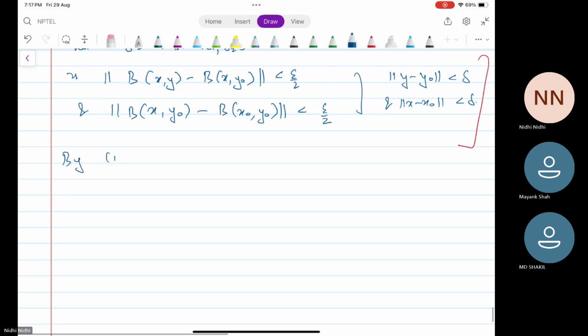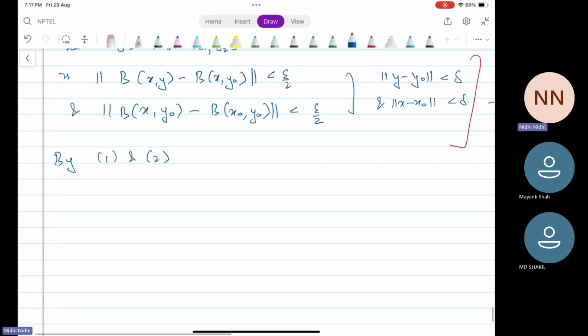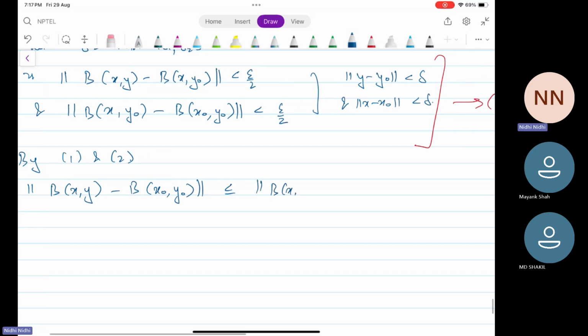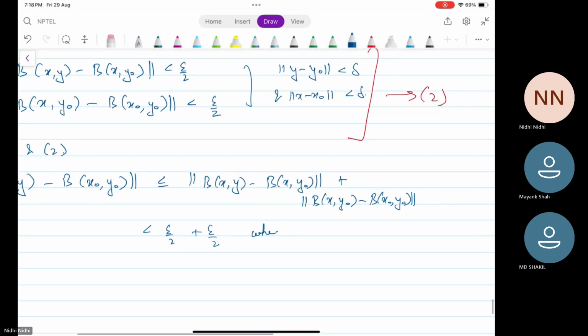So by first and second, we have the norm of B(x,y) minus B(x naught, y naught) is less than or equal to B(x,y) minus B(x,y naught) plus B(x,y naught) minus B(x naught, y naught), which is less than epsilon by 2 plus epsilon by 2, whenever the maximum of y minus y naught and x minus x naught is less than delta. Why did I take this?